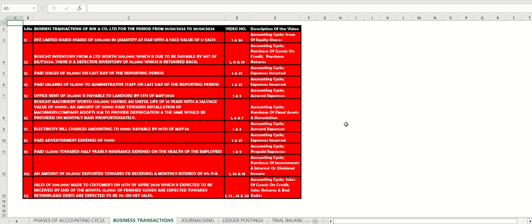And there are bad debts expected to be 3% on the net sales, which is nothing but the bad debts. So what are the concepts involved in this particular business transaction? One is sale of goods on credit, sales returns, and the bad debts.